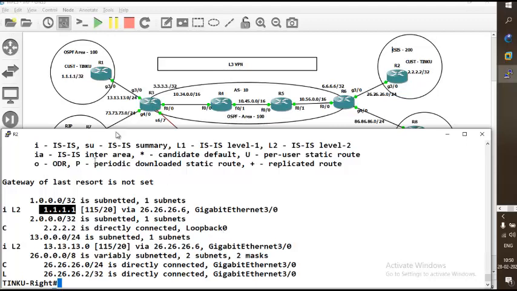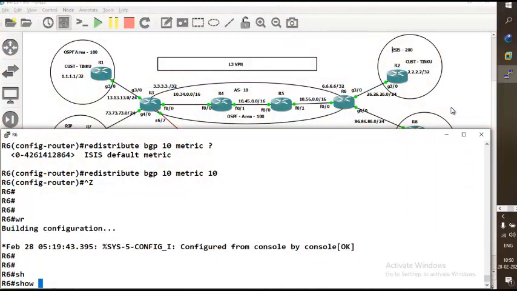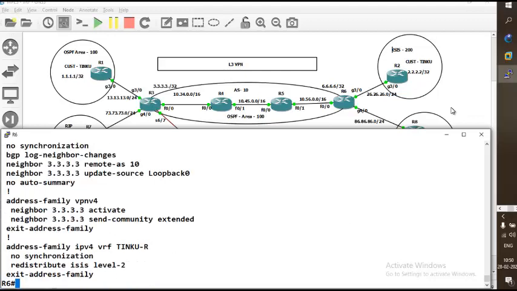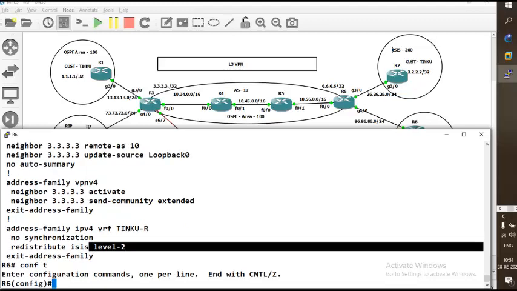So the problem is the redistribution in BGP on R6. Show run section router BGP. It is redistributing only level 2. That's the problem. By default, it is redistributing only level 2.